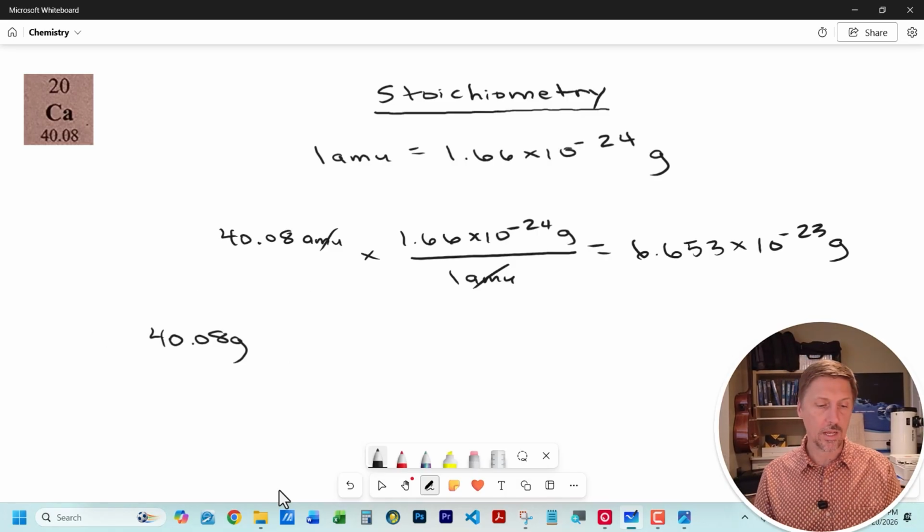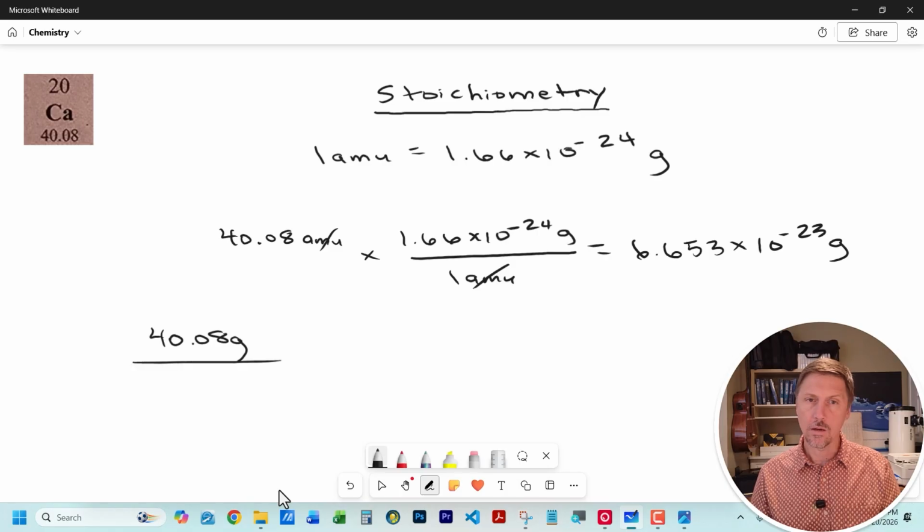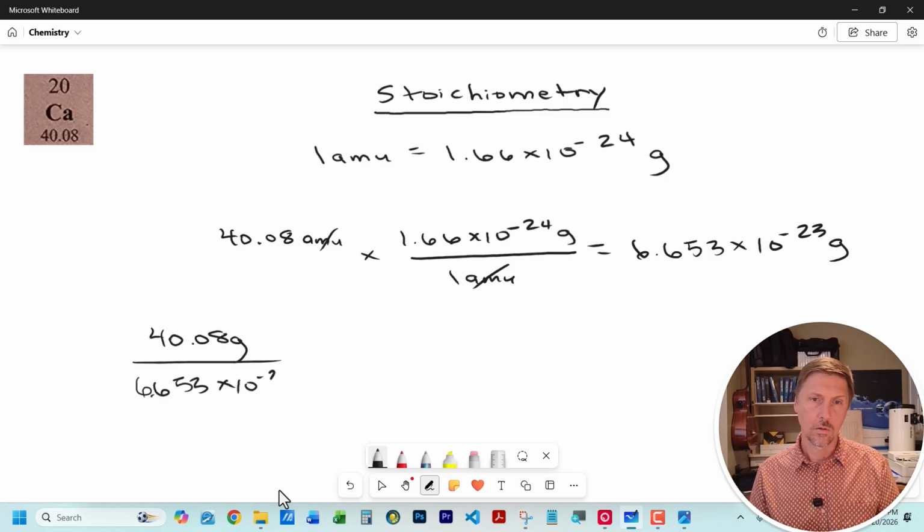Well, if we do the math with that, how would we do that? Well, we would take the 40.08 grams, and we would divide it by what the mass is of a single calcium atom, right? So we would do this math here.